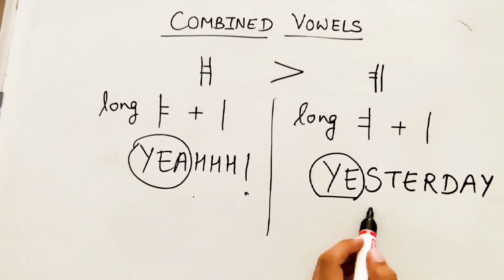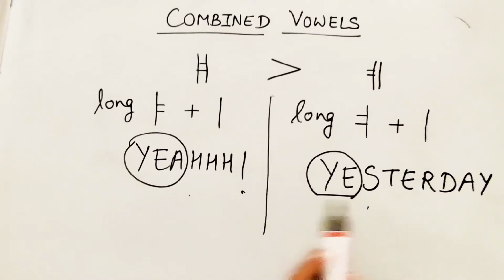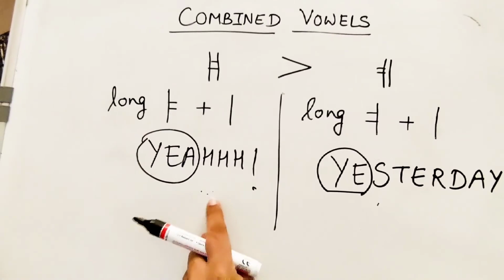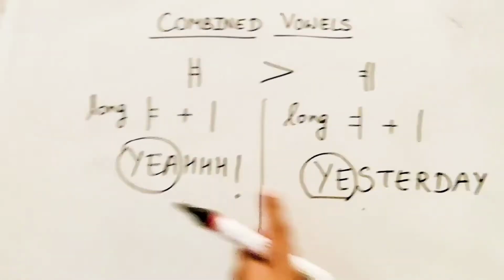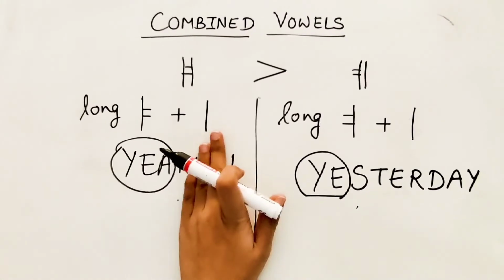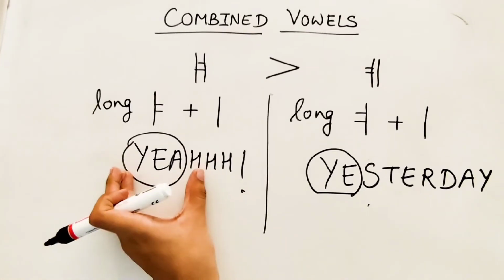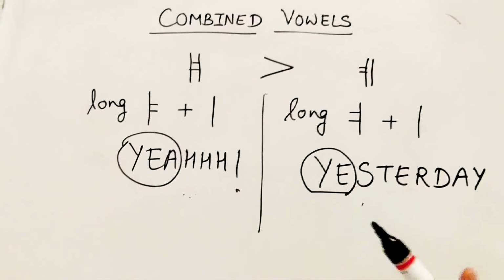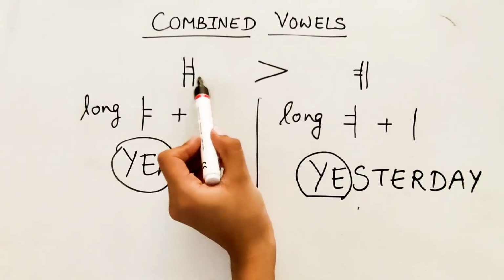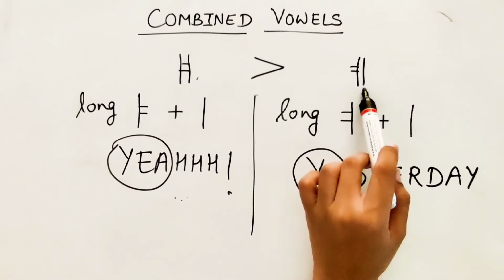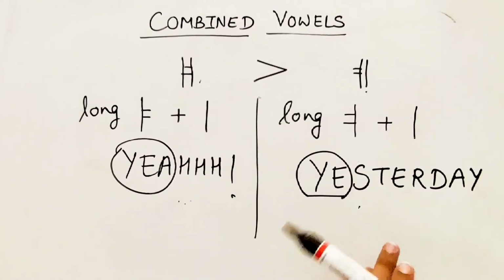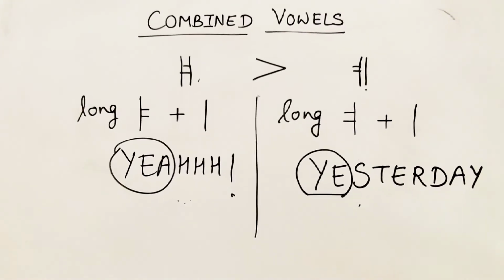Yesterday, ye. Ya. Okay. So if you say these two words, "yeah" and "yesterday", you will actually realize that both these vowels are slightly different, and that this ye actually has a longer sound as compared to the other.